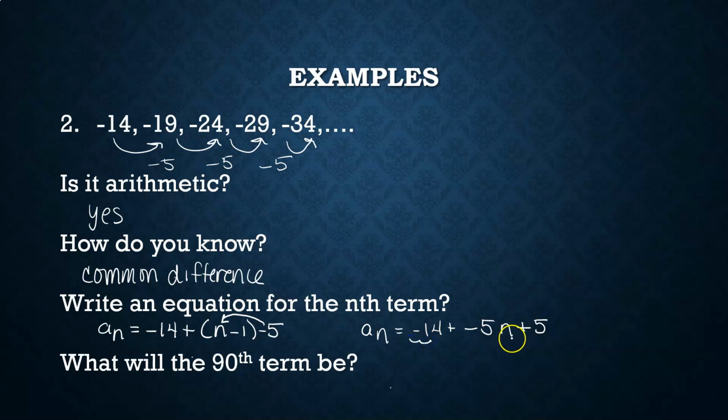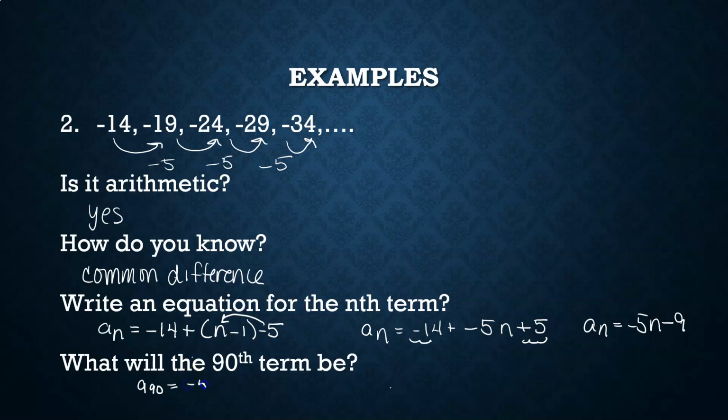So when I add these together, I have a sub n equals negative 5n minus 9. Okay, so now we can go back and get the 90th term. Sorry about that. So I'm going to plug that 90th term in there.